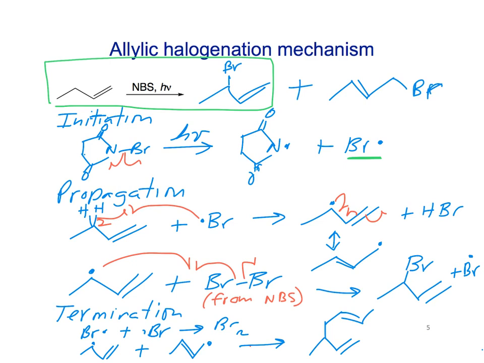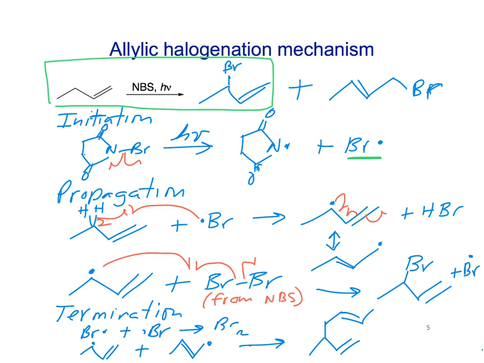Remember, termination is the process of taking any two radicals that are generated in the reaction and combining those to consume radicals to form non-radicals. Yeah, question? You said that we avoid using elemental bromine so that we don't have nucleophilic elimination.